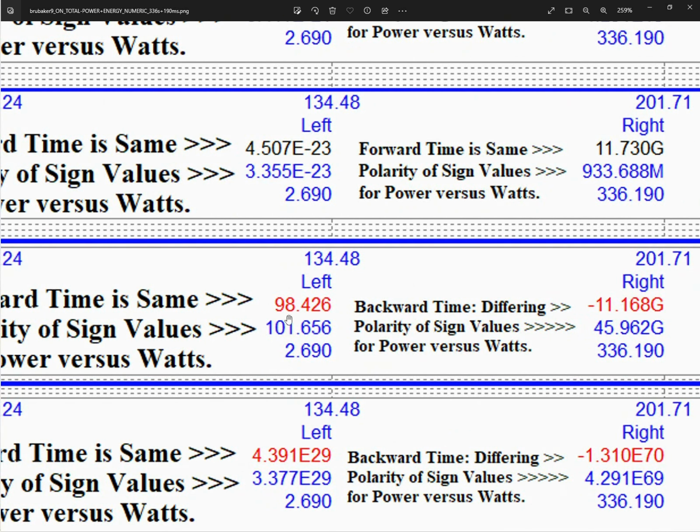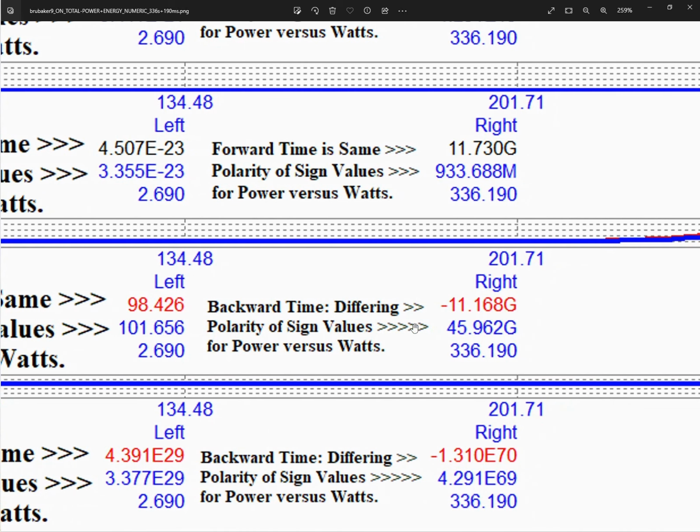In the beginning I'm dissipating more than I'm storing. At the end I'm also storing less than what I'm dissipating, but it's negative. So I'm dissipating more than what I'm storing.